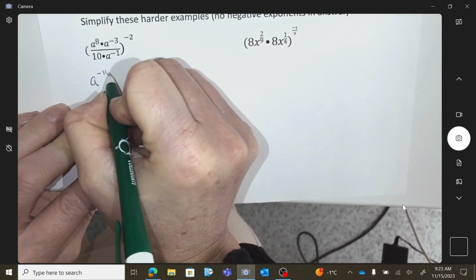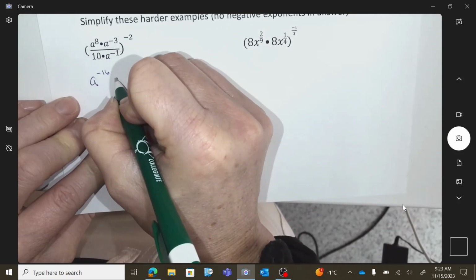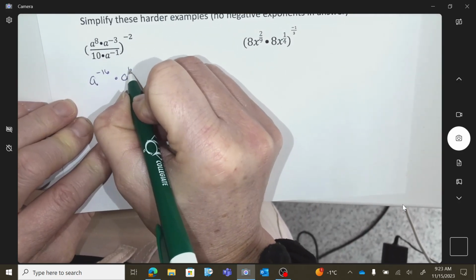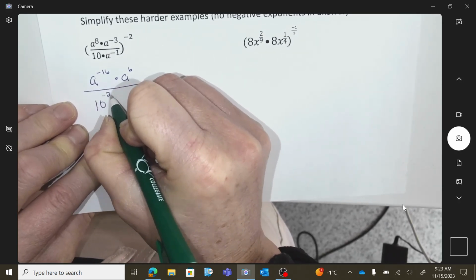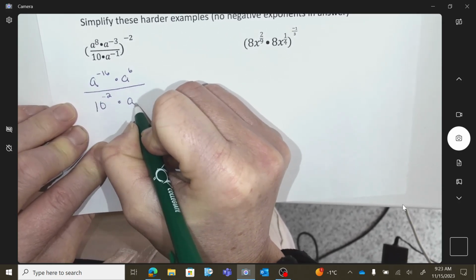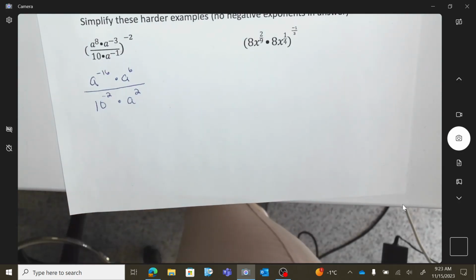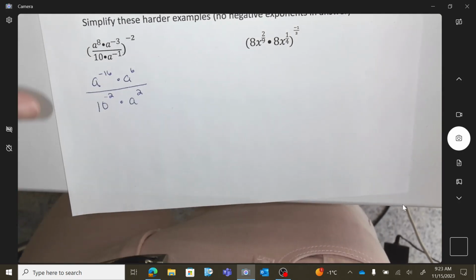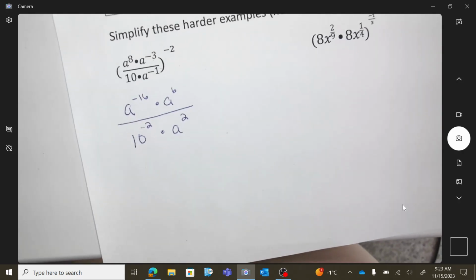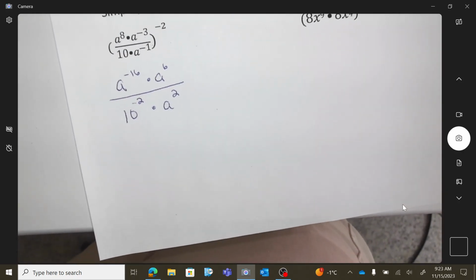A to a negative 16 then. A to a positive 6. 10 to a negative 2. A to a positive 2. Okay, I applied the negative 2 from the outside to everything then. Okay, now what do you want to do? Do you want to attack the negatives and flip them?